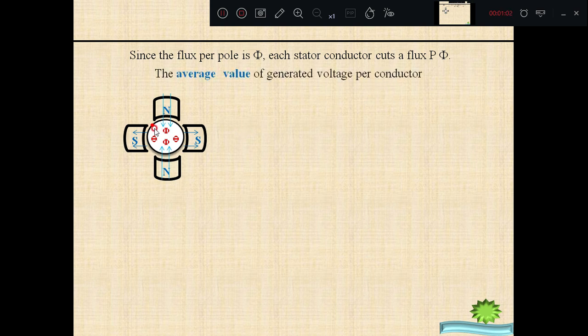At the same time, the time taken for one revolution is 60 by N, since N is the speed of the rotor. Then what we are getting here is the average induced voltage, the average value of the generated voltage per conductor, because we are considering a single conductor.